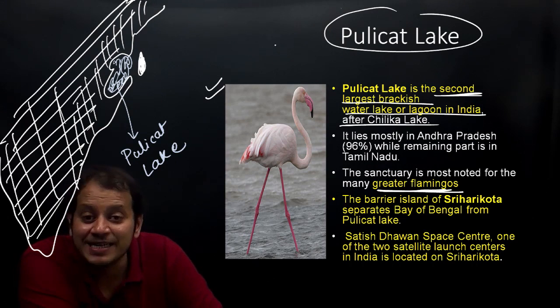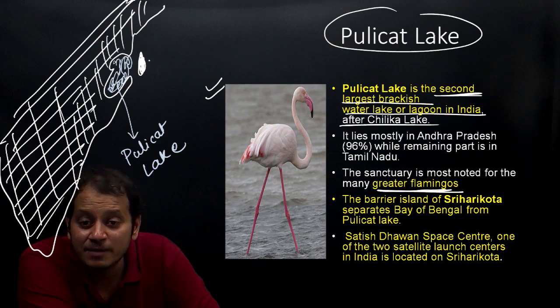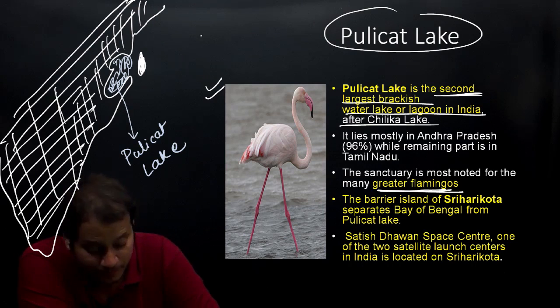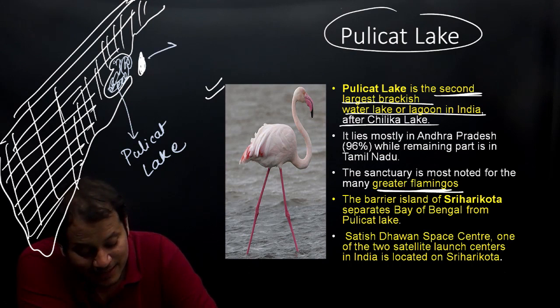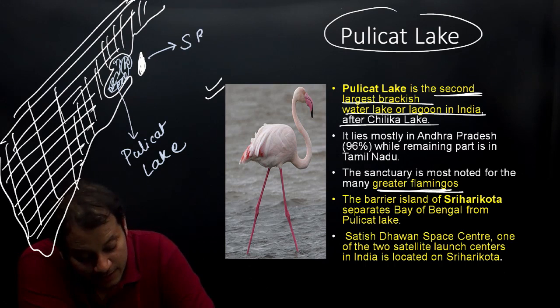What is the sea here? The sea is the Bay of Bengal. Now can you see the island which I have drawn here between the Pulicat Lake and the sea? This island is Sriharikota Island.